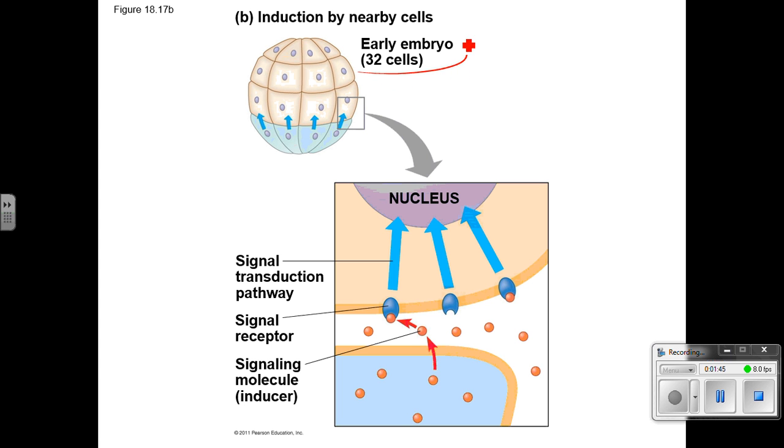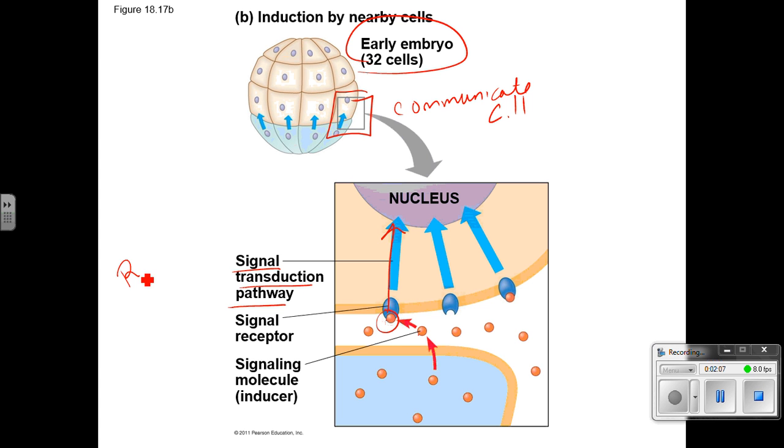So in an early embryo, these cells are actually going to talk to each other. They communicate, and that's how they differentiate. Remember when we talked in chapter 11 about cell communication, the signal transduction pathway. There is a signaling molecule that is received by a cell, and then it makes some kind of product.